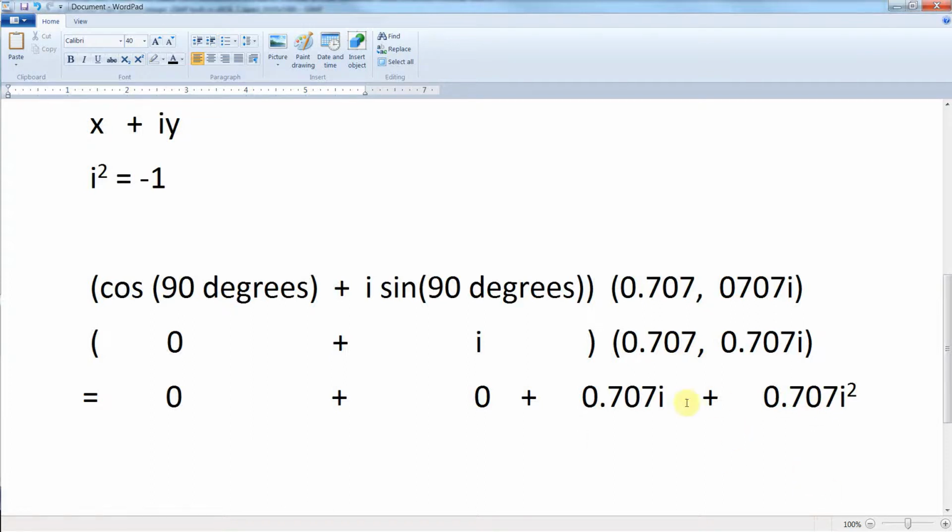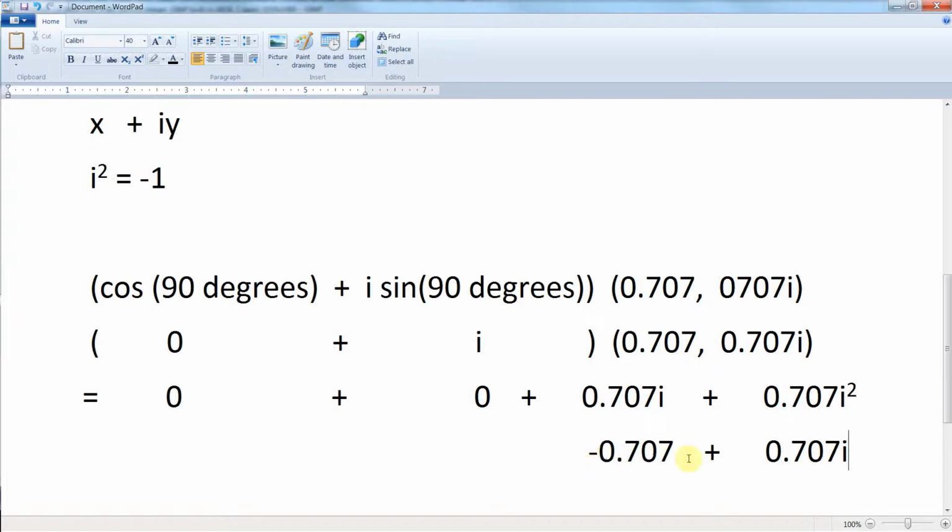So what we end up with is just two terms. I'm just going to swap the order on these two terms. So this is -0.707 plus 0.707i. So what I have is the real term here, because this is complex, and then this is i. I just swapped the order of these because this is the format. There's your real part and there's your imaginary part.